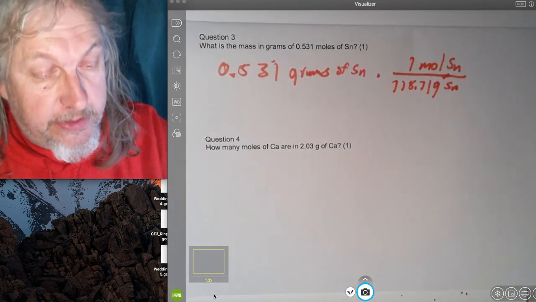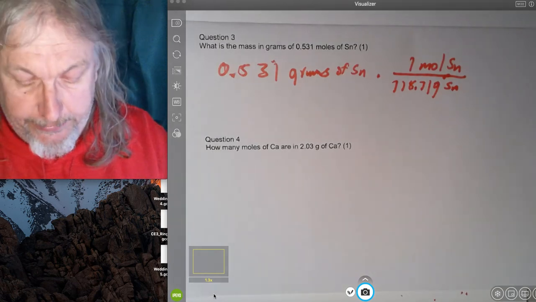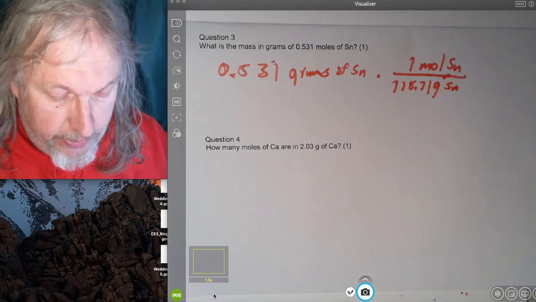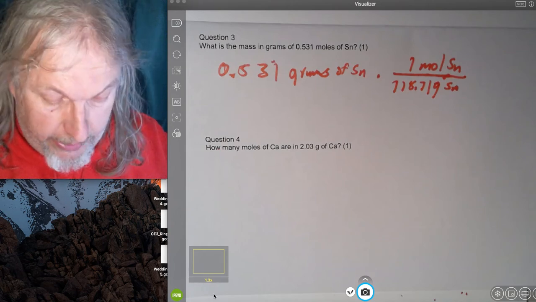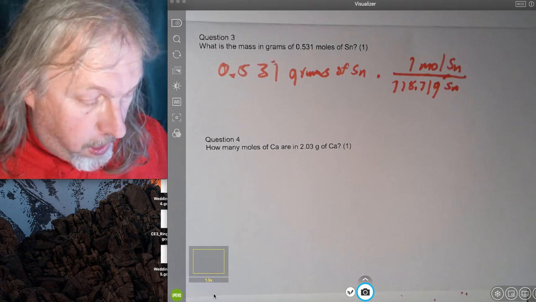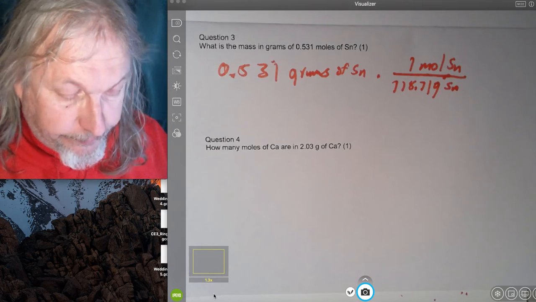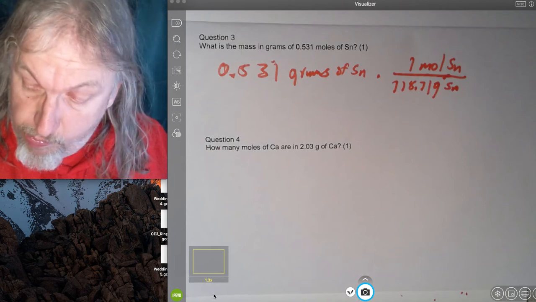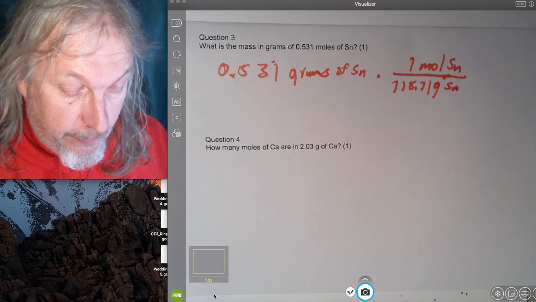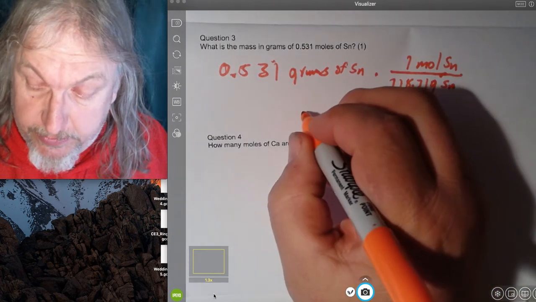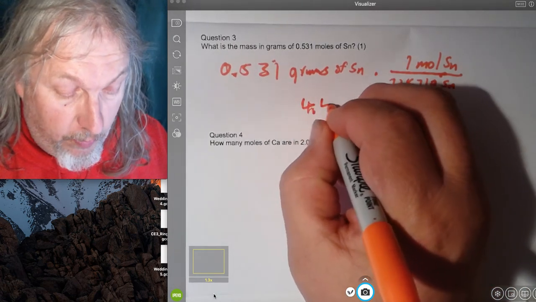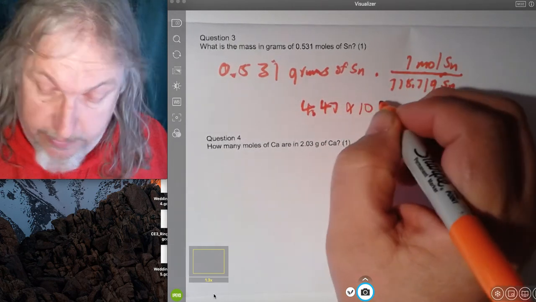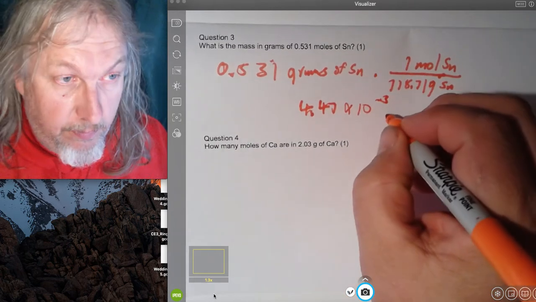All right, now we take our calculator out, and very easily 0.531 divided by 118.71, and that's going to give me, in scientific notation, 4.47 times 10 to the minus third moles.